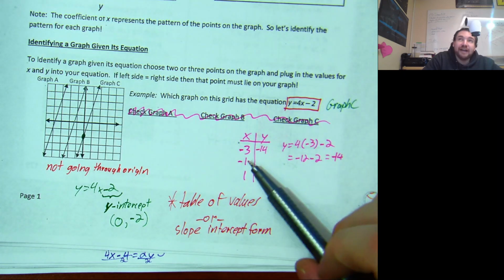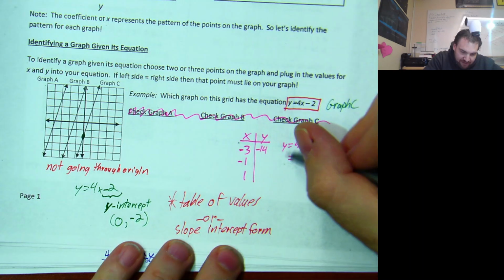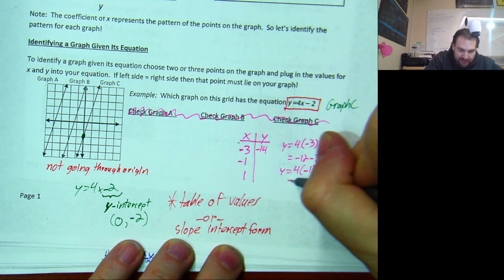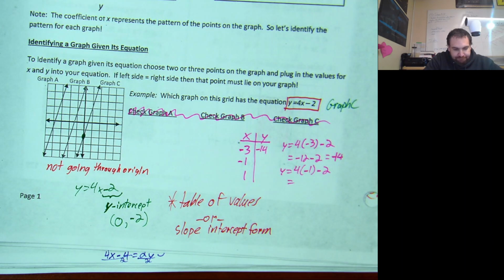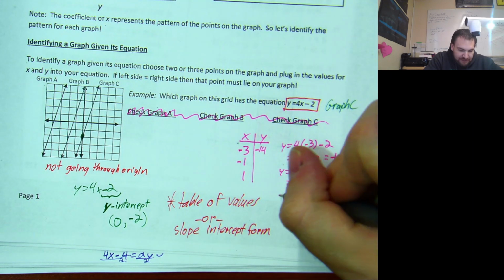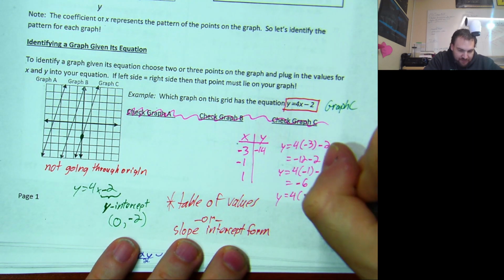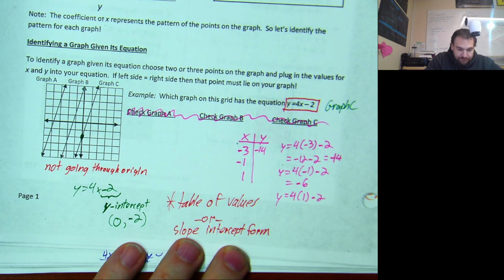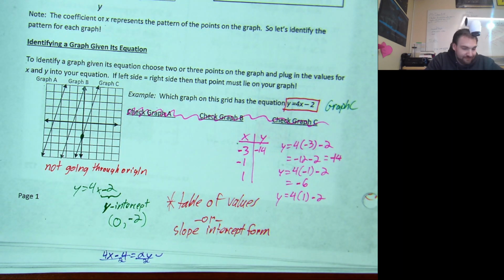Okay, let's plug in negative 1 now. I'm going to have y equals 4 times negative 1 minus 2, which is equal to negative 6. And let's plug in 1. Y equals 4 times 1 minus 2, which is 2.